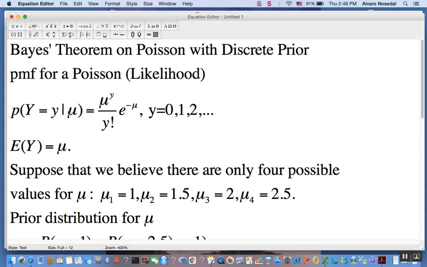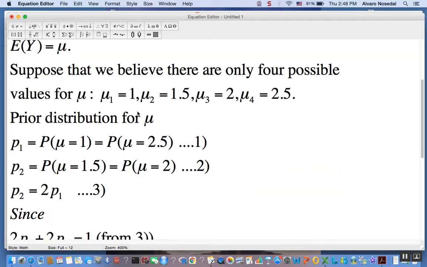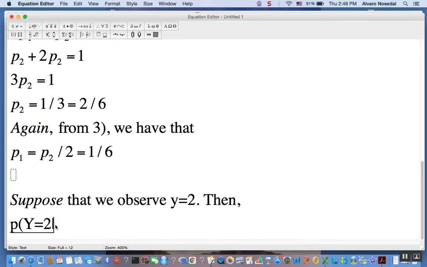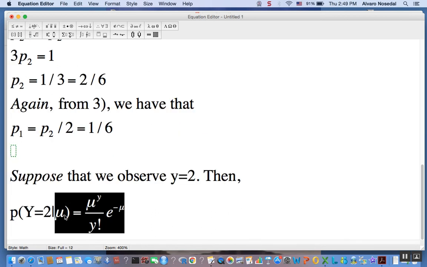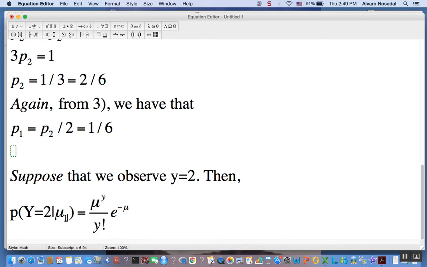So let me copy paste this, and we're going to have 4 of these, one for mu1, one for mu2, one for mu3, the other one for mu4. Make sense?